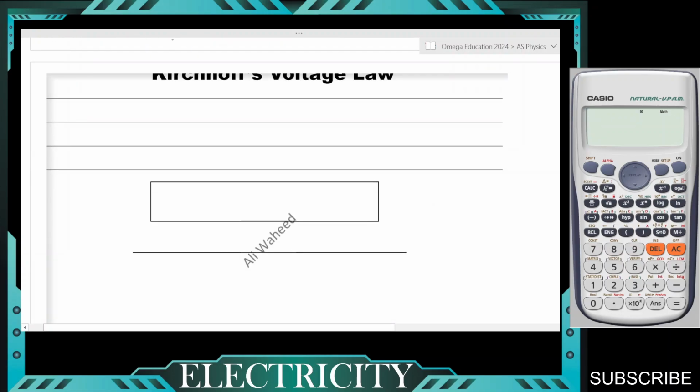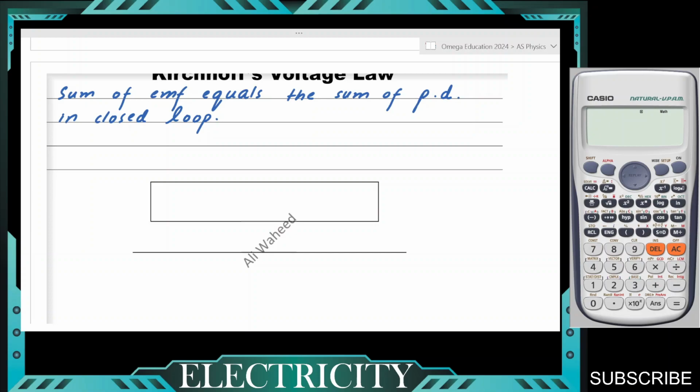Then we have up next Kirchhoff's voltage law, aka KVL. There are plenty of statements you could find about Kirchhoff's second law, but the one you have to use for the CIE exams is: sum of EMFs equals sum of potential differences in a closed loop.